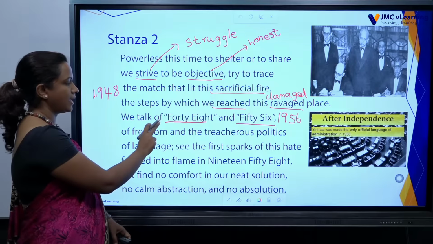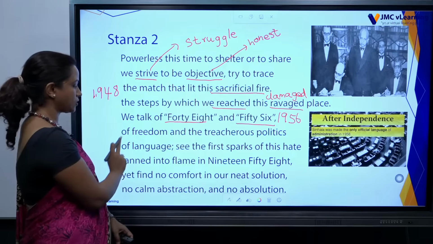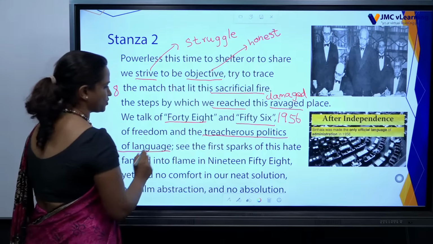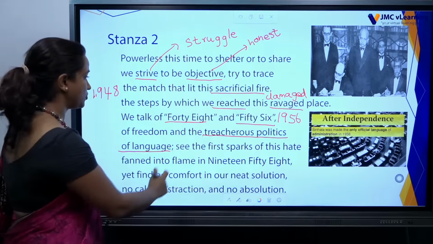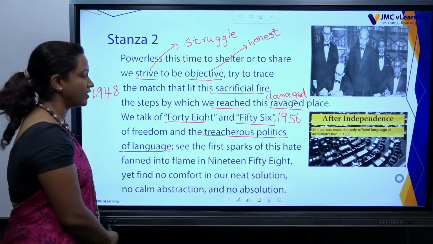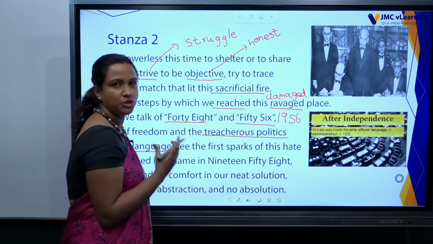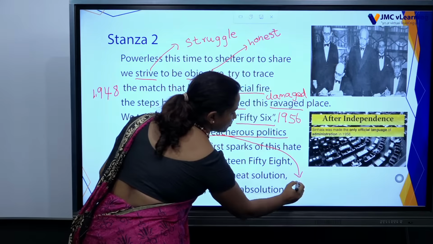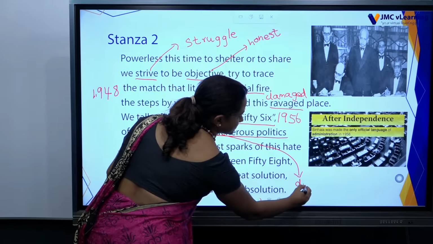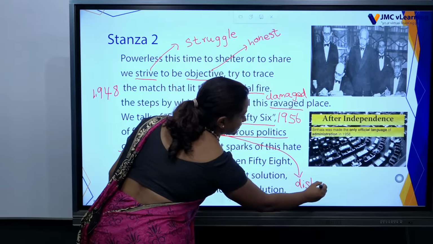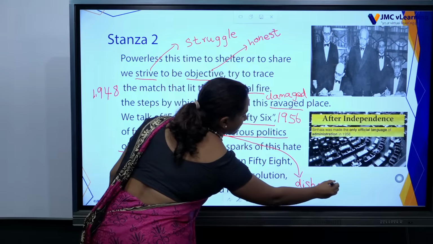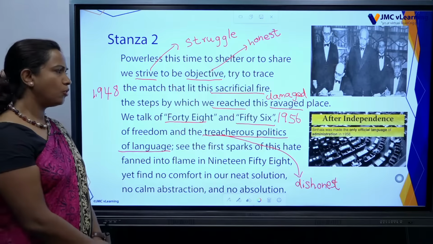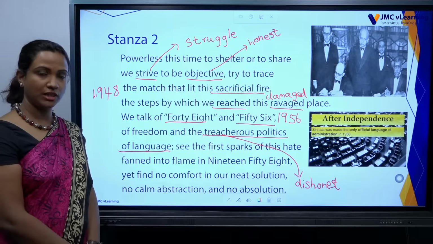Of freedom and the treacherous politics of language. What is treacherous? Treacherous means very dishonest, opportunistic. Treacherous means dishonest. So, who made this language the official language?